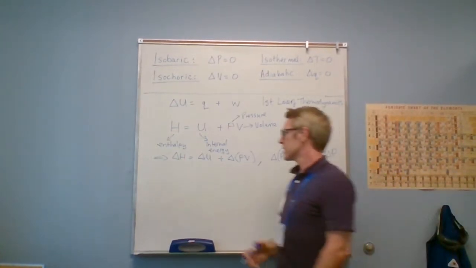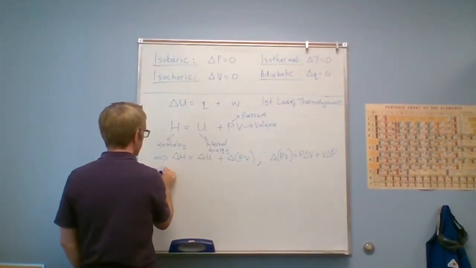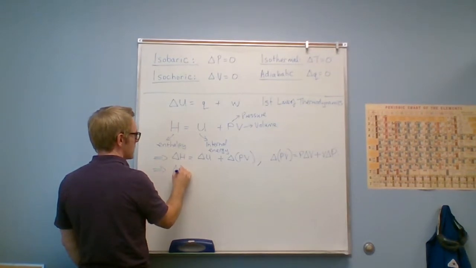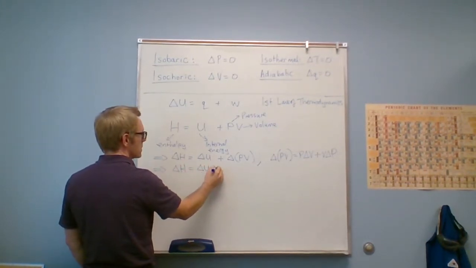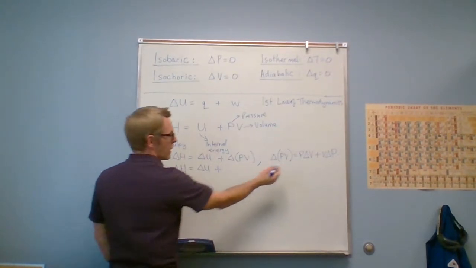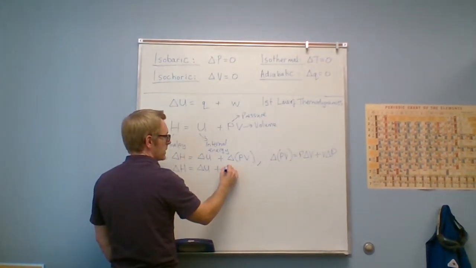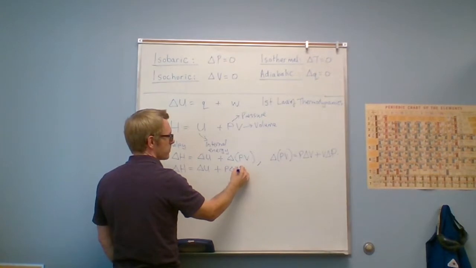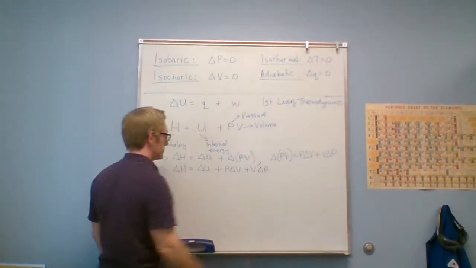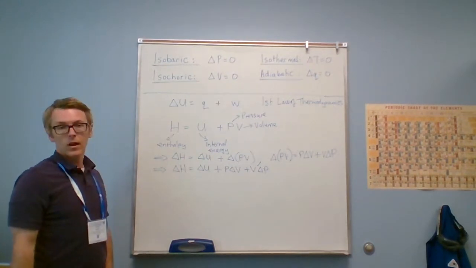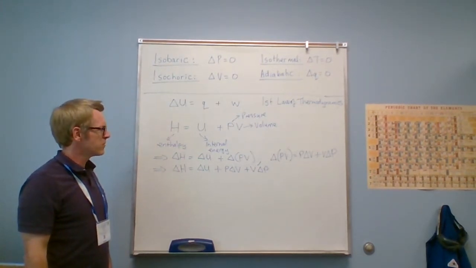So let's rewrite this. Change in enthalpy is change in internal energy plus P change in volume plus V change in pressure. Okay, so we have a longer equation.